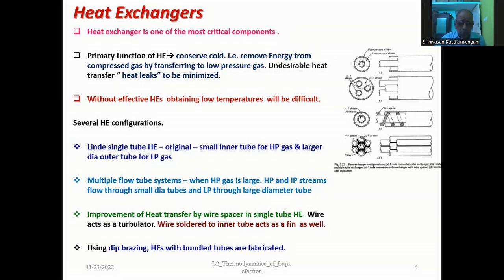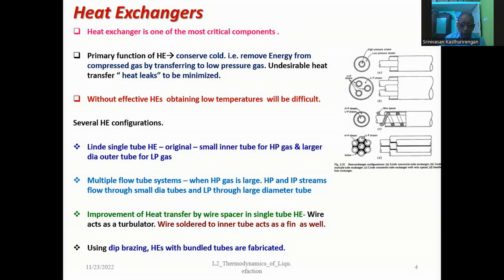The heat exchanger should be prepared such that its heat leaks are minimal. Okay. Without effective heat exchangers, obtaining low temperatures will be quite difficult, and there are several possible configurations of heat exchangers.